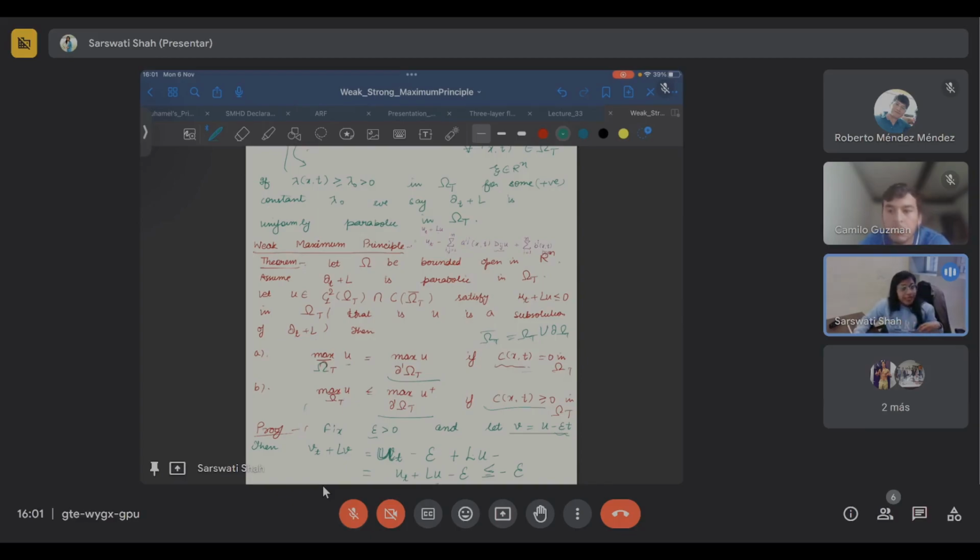Because u is a sub-solution of the operator del t plus L. So u_t plus Lu is less than or equal to 0. We are not simply writing that it is less than; it is less than or equal to minus epsilon, because this is also a negative quantity. So for sure this is greater than this one, isn't it?